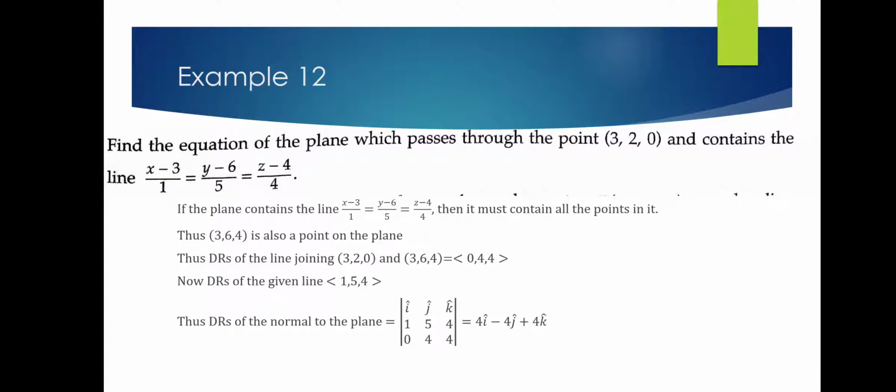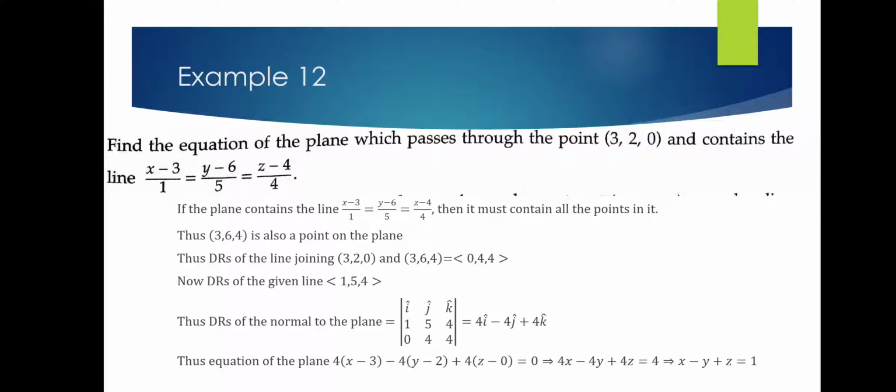So whatever I am going to get is the direction ratio of the normal. Right? So once I have got the direction ratio of the normal, I know one of the points through which it is passing. Therefore, the equation of the plane is this: x minus y plus z equals to 1.